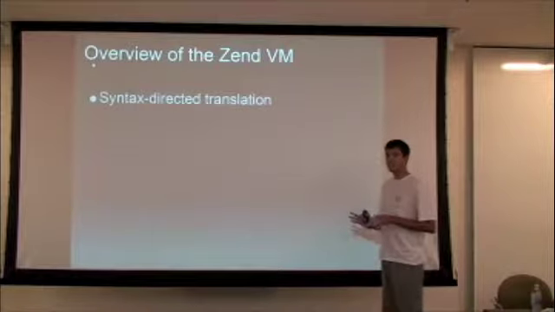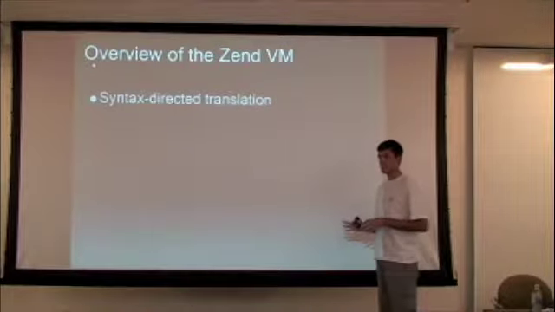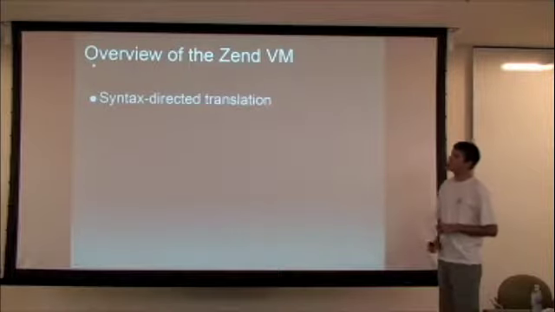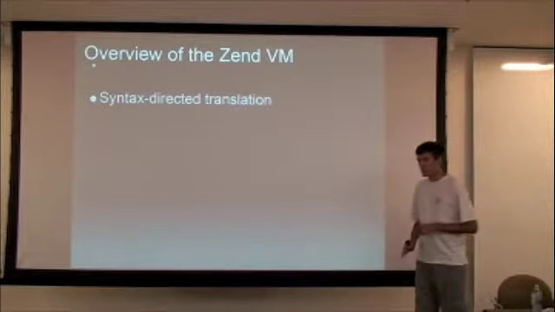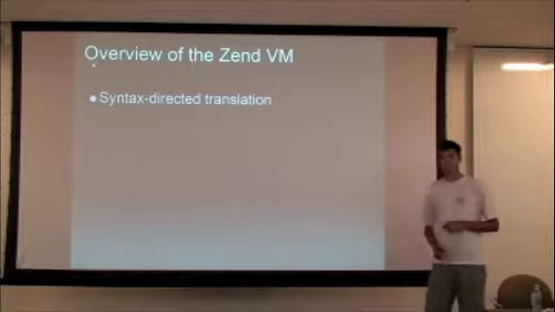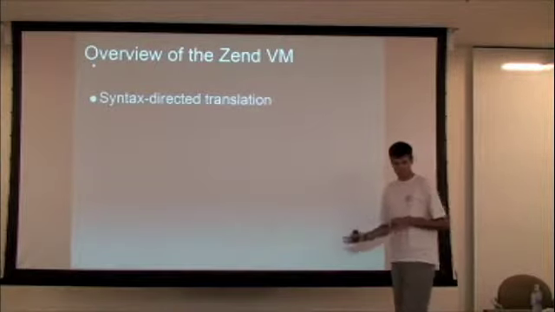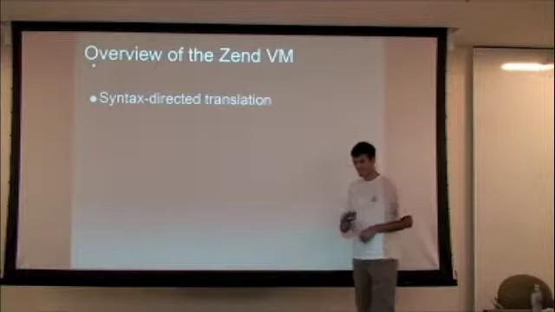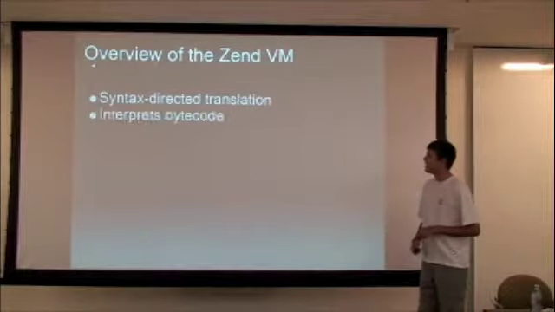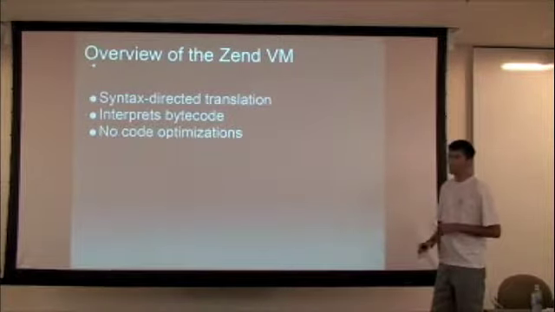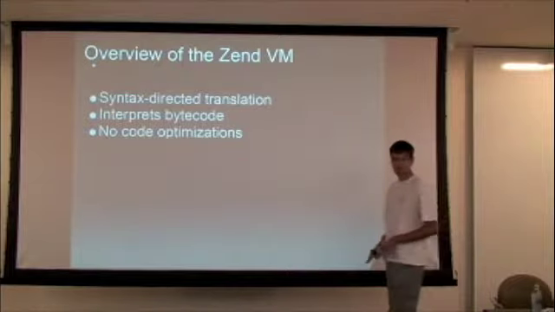It is a really simple piece of compiler technology. It just performs some syntax-directed translation to bytecode. There are no abstract syntax trees involved, it's just simple translation. Then it just interprets the bytecode, and it performs no optimization.